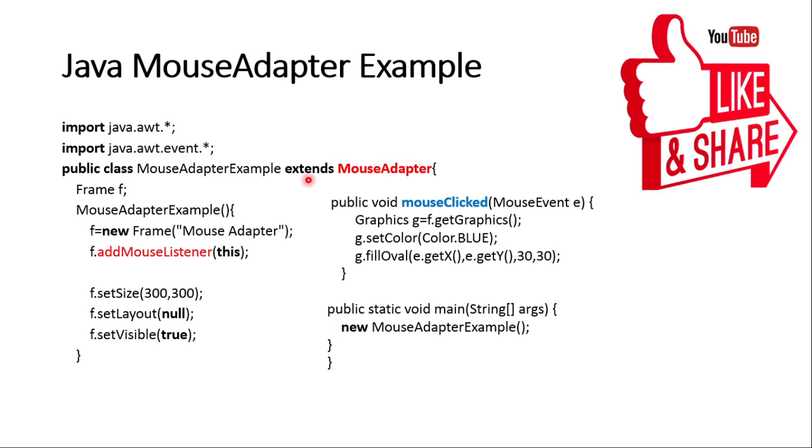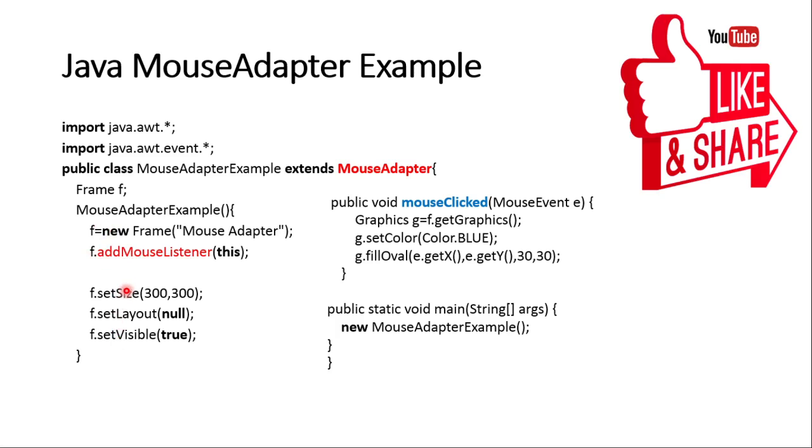Here there is a frame, and there is a constructor and the frame object gets created, and this is the title of the frame. Like in the previous video, we need to implement a proper interface to handle the proper event, and then we register that with the listener. Likewise over here you need to add this with the mouse listener. If you are using mouse adapter, then it is mouse listener obviously, and you just add that with your frame. That's it.